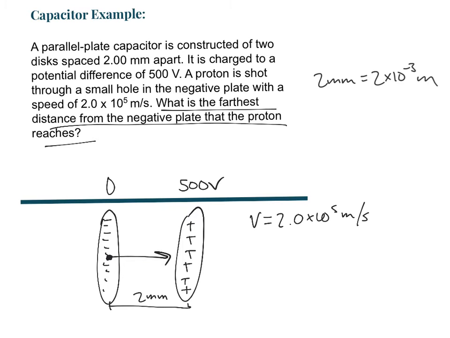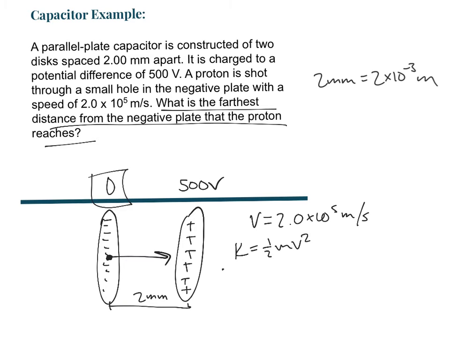right when it goes through the plate, the potential energy of the particle is Q times V. And V here is 0, so Q times V is 0. So at the beginning, it's got all kinetic energy, which is 1/2 mass times velocity squared.